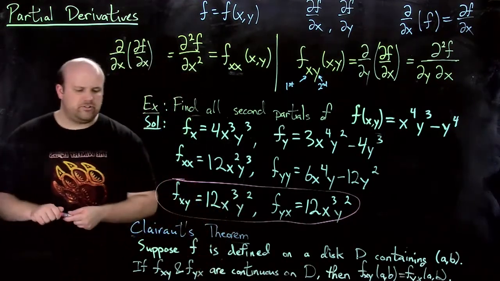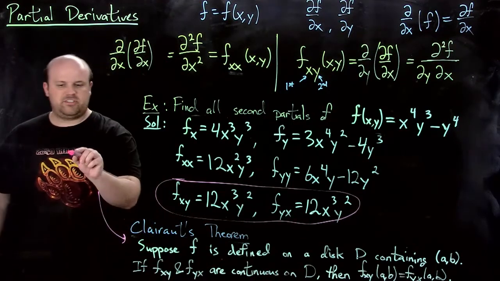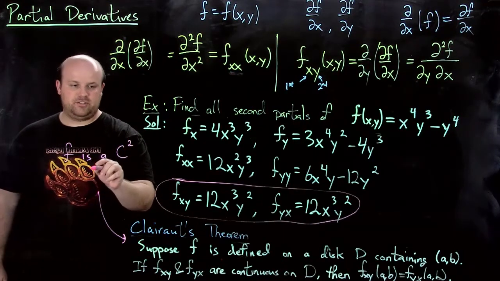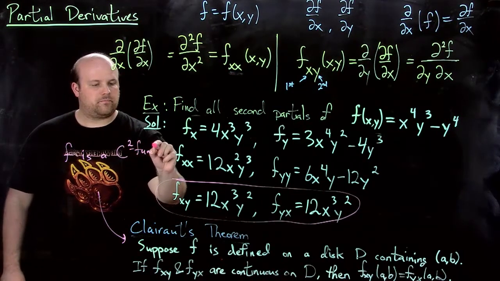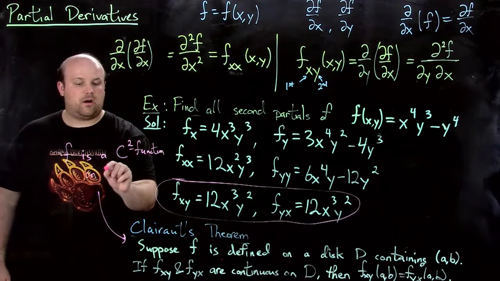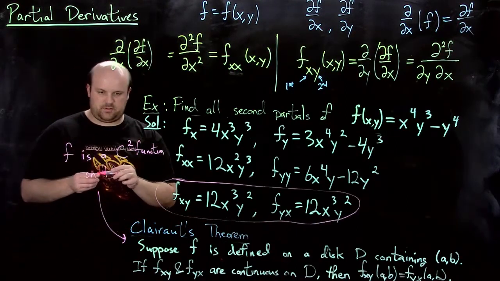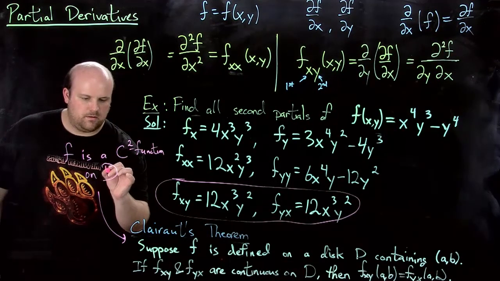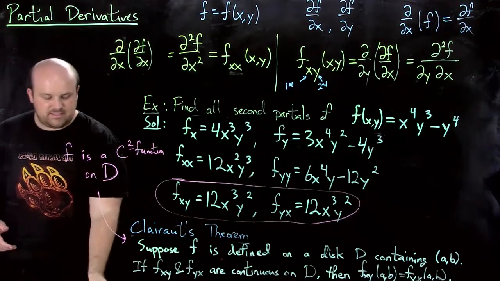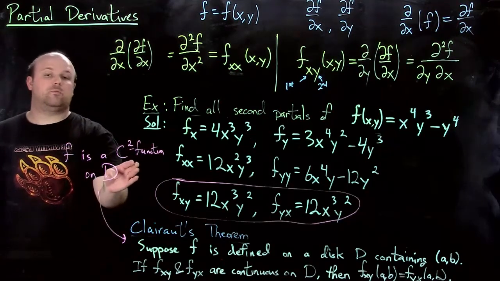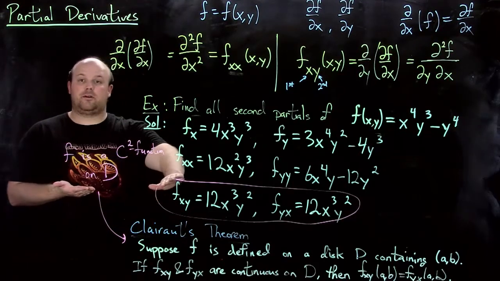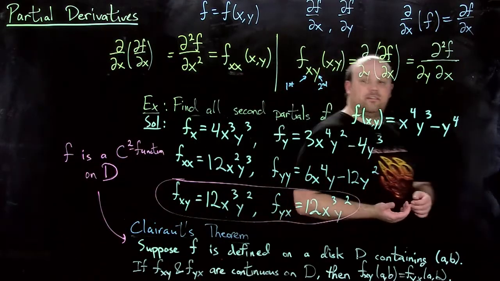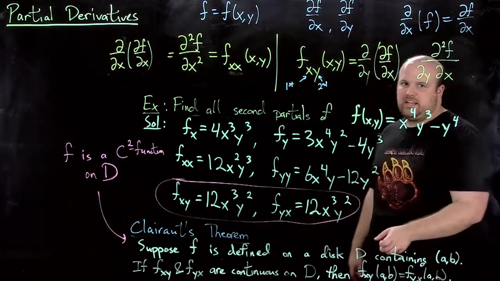So what we usually say is f is a C2 function on D. I guess this is a little more strict than this. What C2 means is all of the second partial derivatives exist, and they're all continuous. In this case, we just need fxy and fyx.